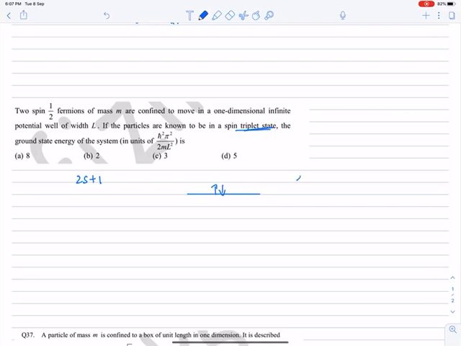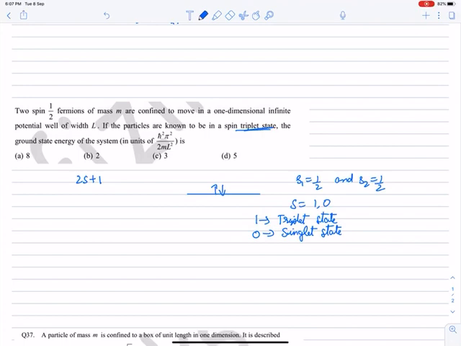If S1 is equal to half and S2 is equal to half, there are two electrons, so you can add them and you will get 1, 0. 1 corresponds to triplet state, and 0 corresponds to singlet state.